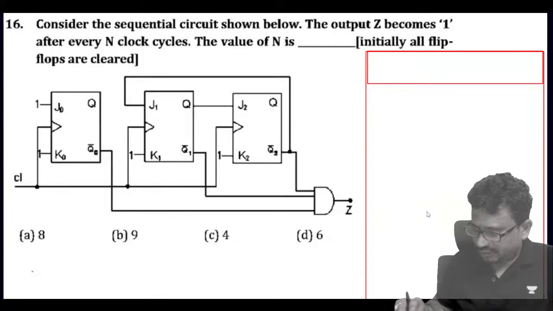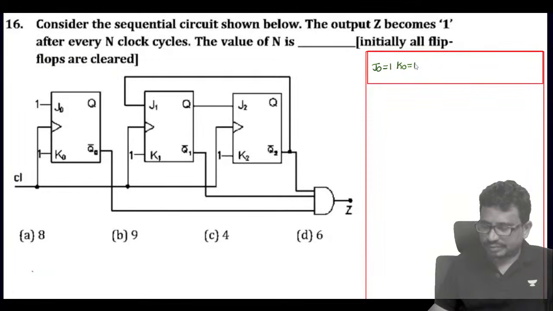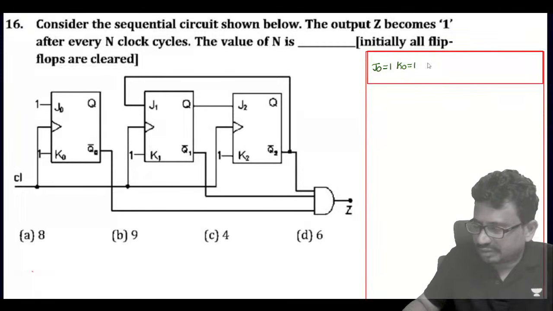So first we have J0, which is given as 1, and K0 is also given as 1. Next J1, which is given as Q2 bar, and K1 which is given as 1.